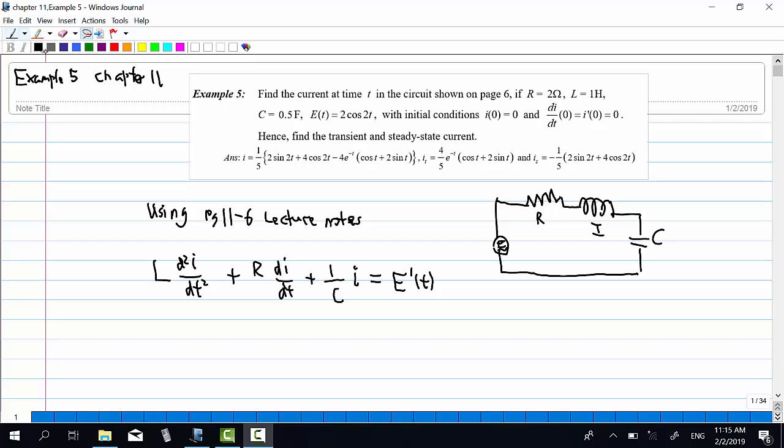The circuit is shown here where the voltage is 2 cosine 2t and the resistance is 2 ohms. The inductance is 1 Henry and the capacitance is 0.5 farad.